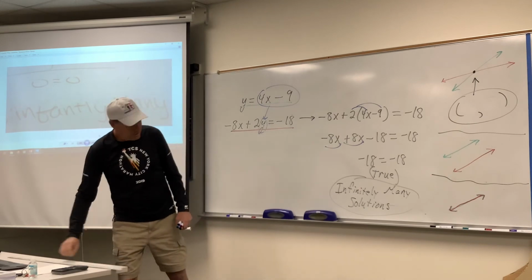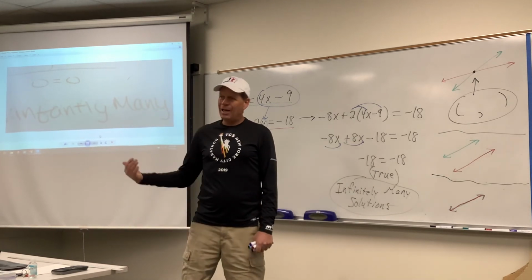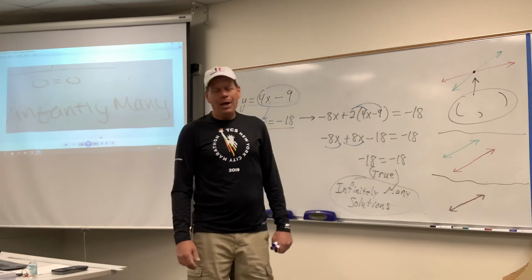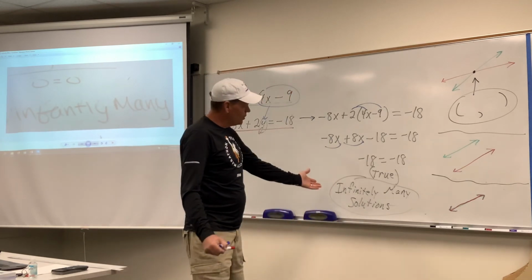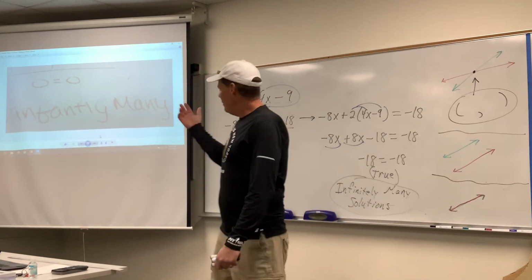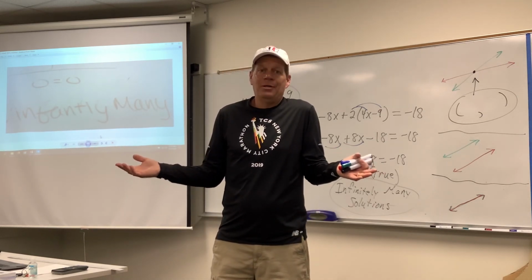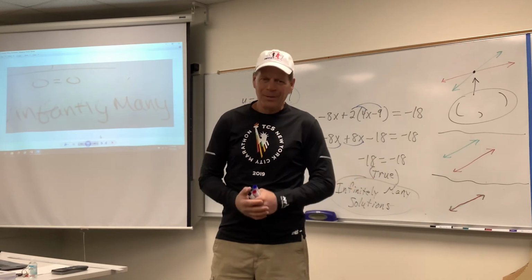Infinitely. Am I supposed to count that wrong? I probably am. I'm not going to count you down for spelling, but look at your notes and spell it right. What's infinitely many mean? A bunch of babies? I don't know. So anyway, I thought that was kind of humorous.